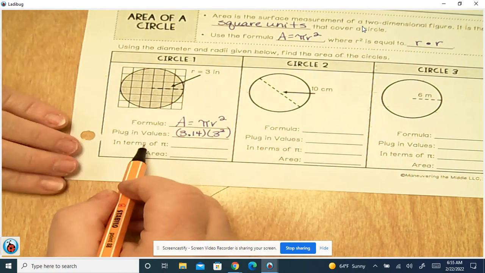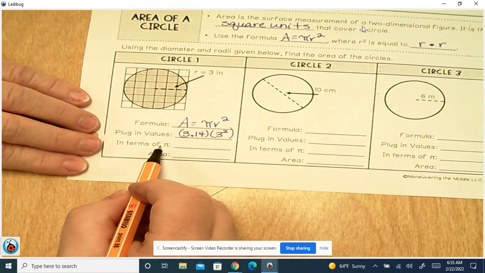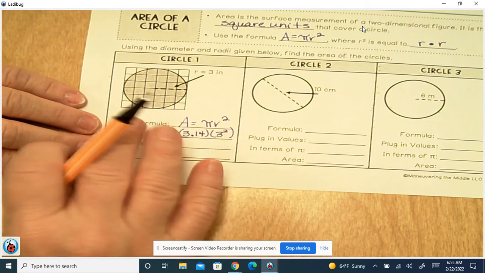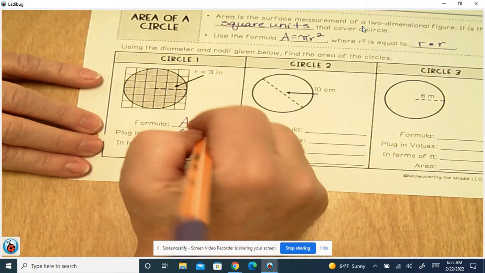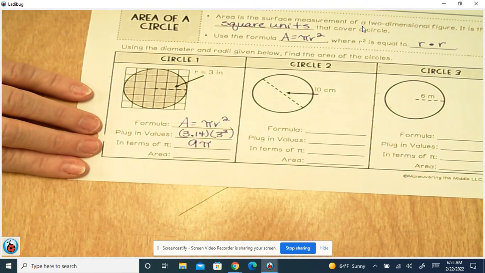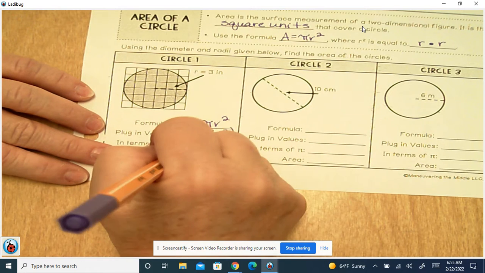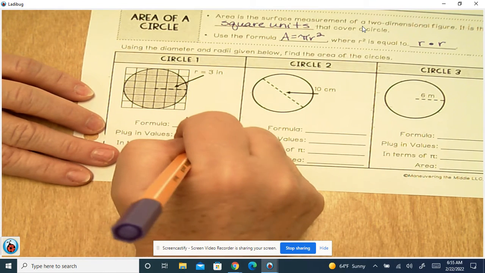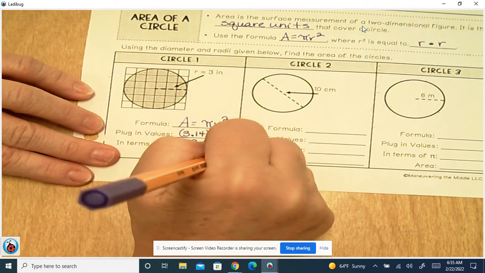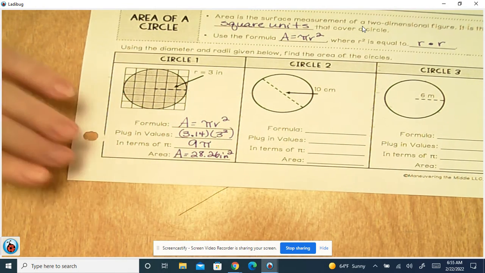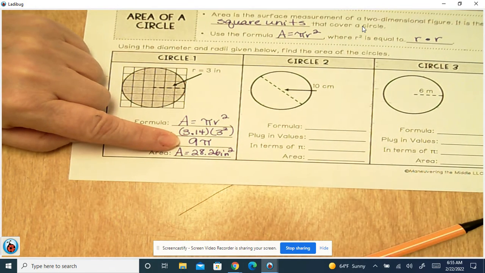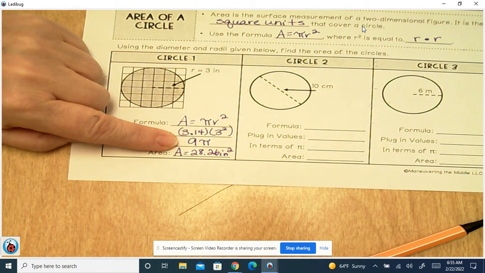In terms of pi, what that's asking for is you leave pi in your answer, not 3.14, but pi. And 3 squared is 9. So that would be 9 pi. And then the area multiplied all the way out is 28.26 inches squared. You may have a question on the EOG where some of your answer choices are in pi, and that's what that means.